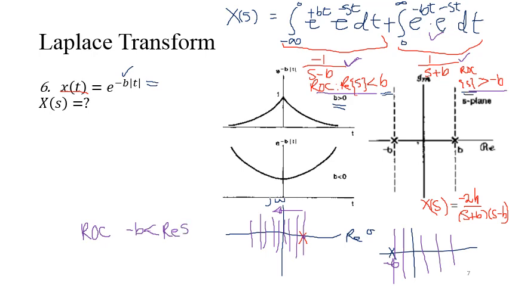Real of s should be greater than minus b and less than b. For one case we have the ROC from here up to this side, and for the other, so if we combine, the ROC will be from real of s greater than minus b and less than b. It's drawn here because it's copy-pasted from the Oppenheim book. So this is the overall ROC for this particular problem.